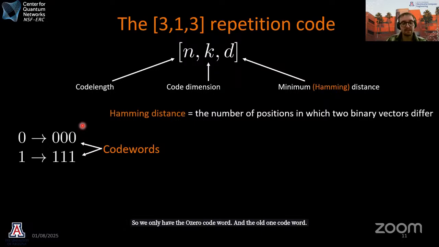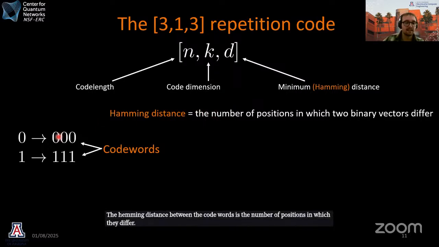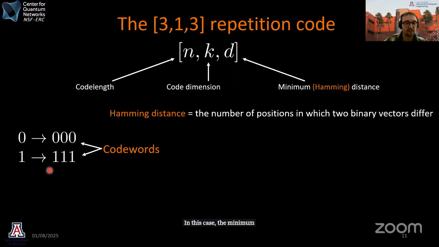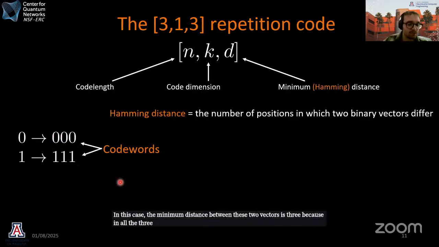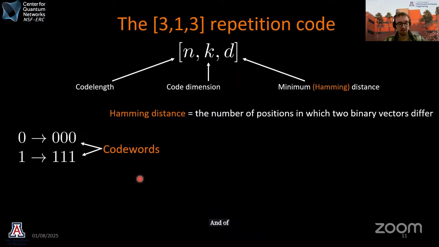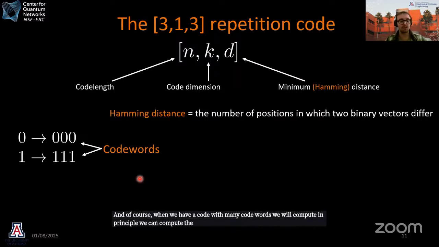The Hamming distance between the code words is the number of positions in which they differ. So in this case, the minimum distance between these two vectors is 3, because in all 3 positions we have different entries. And of course, when we have a code with many code words, in principle we can compute the Hamming distance between each pair of code words.